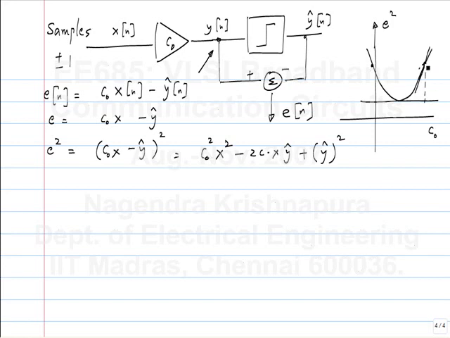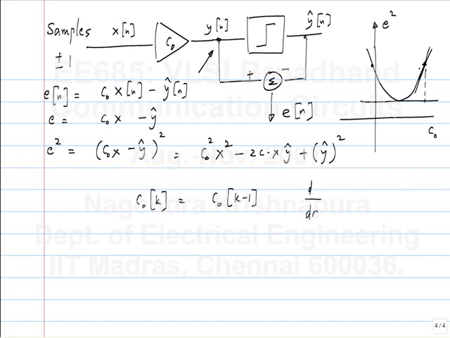So you start with C0 here, and then you know the direction of the gradient is like this. This index k refers to the time index of the coefficient. I have the coefficient at k minus 1, I want to update it to the coefficient at k. So what do I do with the slope?